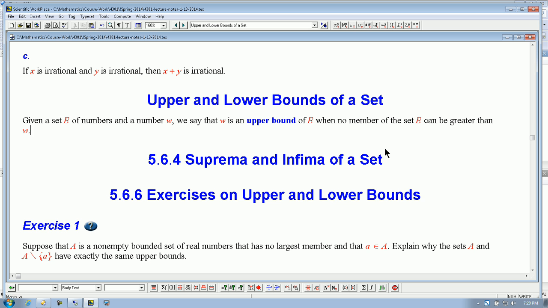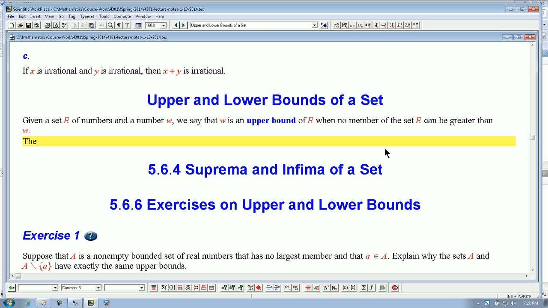I'm going to say here, and I'll change color, the assertion that a number W is an upper bound of a set E, understood to be a set of numbers, is that the inequality x less than or equal to W holds for every x in E. For every x that belongs to E. For every member.